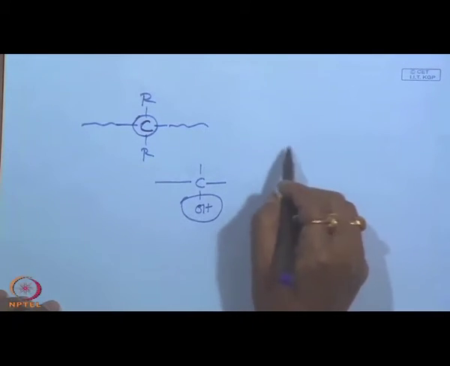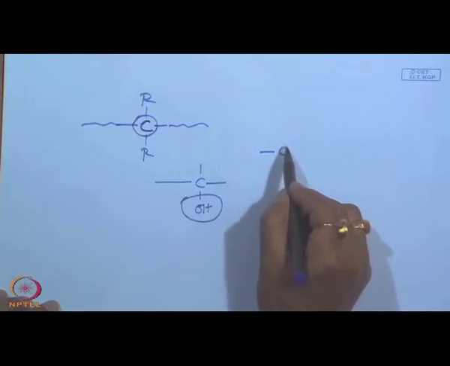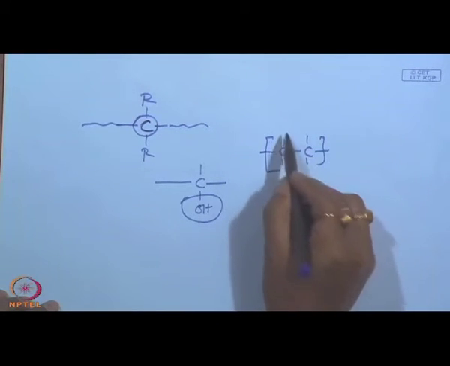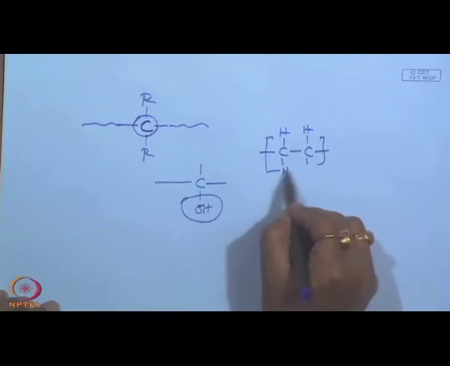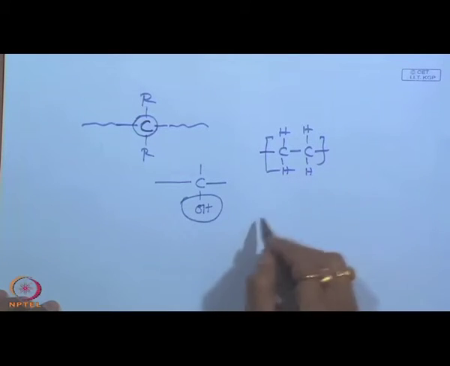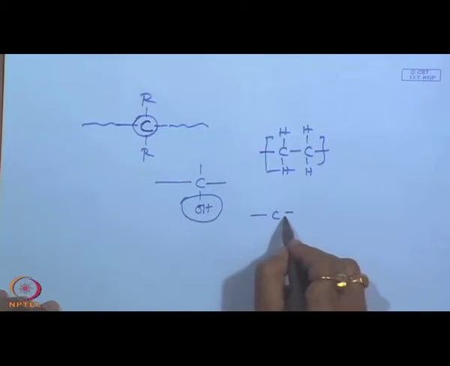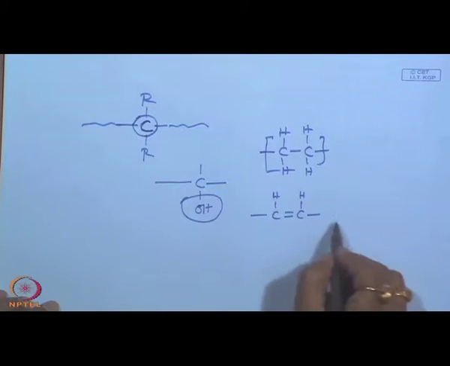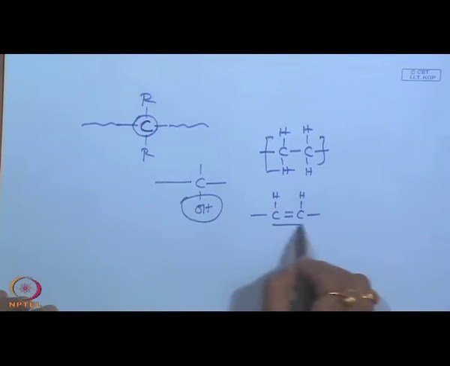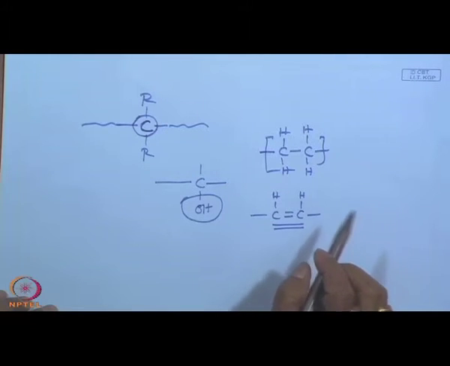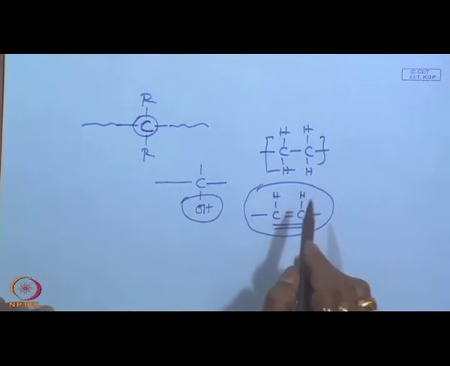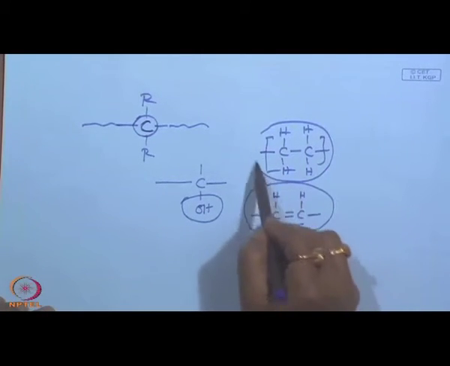That is why polyethylene, having this saturated backbone chain like this, is not degradable, whereas if a polymer chain contains unsaturated bonds like this, and other groups are there, then if such a type of bond is present in the polymer backbone chain, such a polymer will be degraded faster than polymers having the saturated structure.